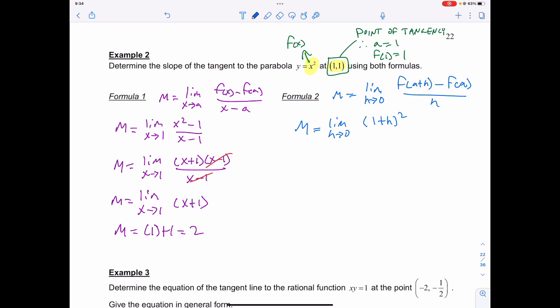My f of a, we already know, is still 1, and this is all being divided by h. Now I can factor this using difference of squares, and I'm going to say my slope is equal to the limit as h approaches 0 of 1 plus h plus 1 and 1 plus h minus 1 over h.